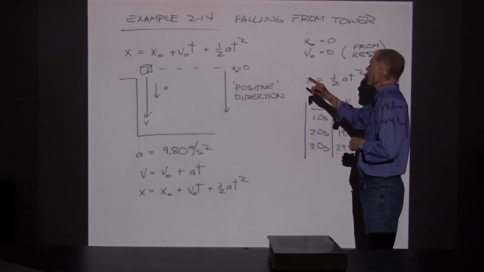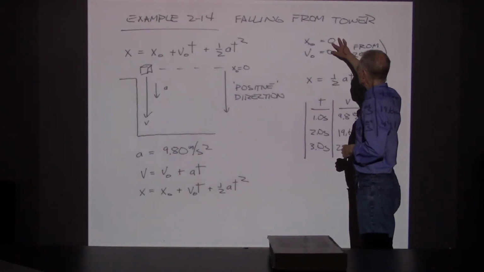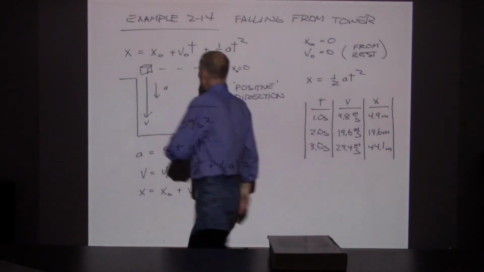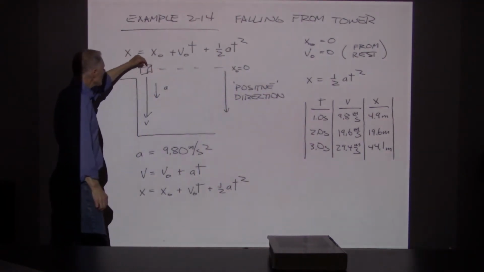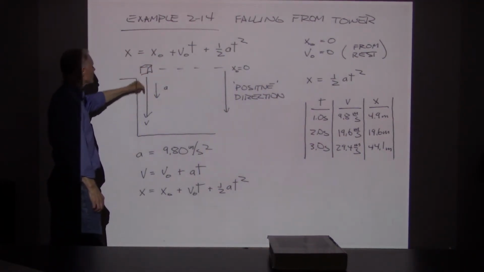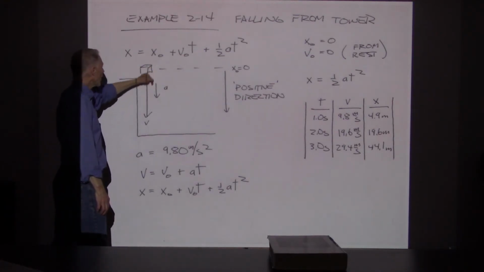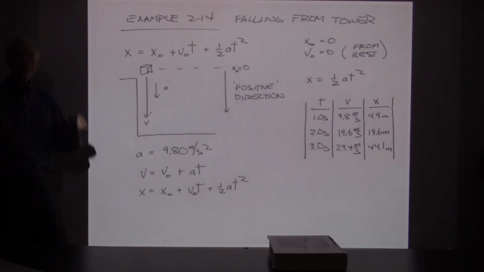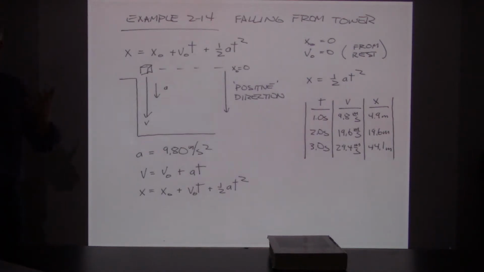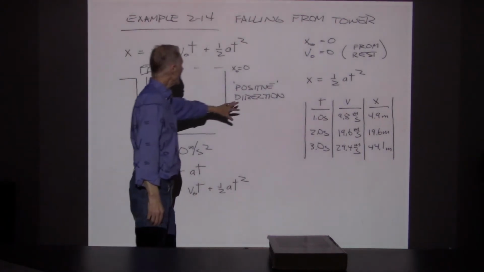And in this example, if I set x naught to be 0 right here, notice that all of the displacements, all of the velocities, all of the accelerations are downwards. Well, I'm going to go ahead and call that the positive direction. So I'm going to say down is positive. I wrote it right there.